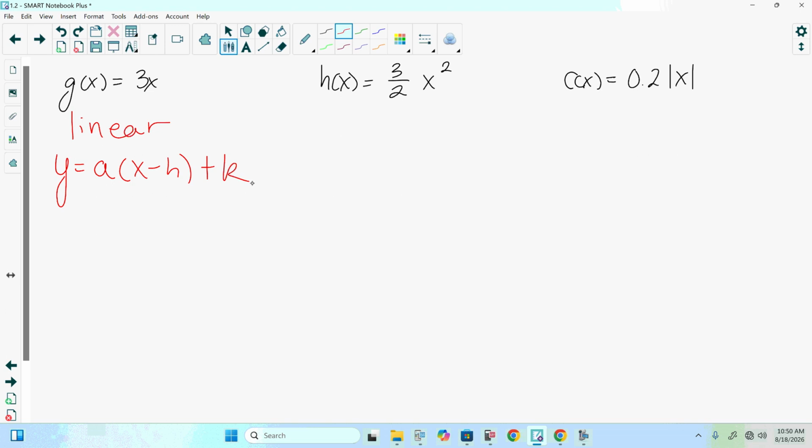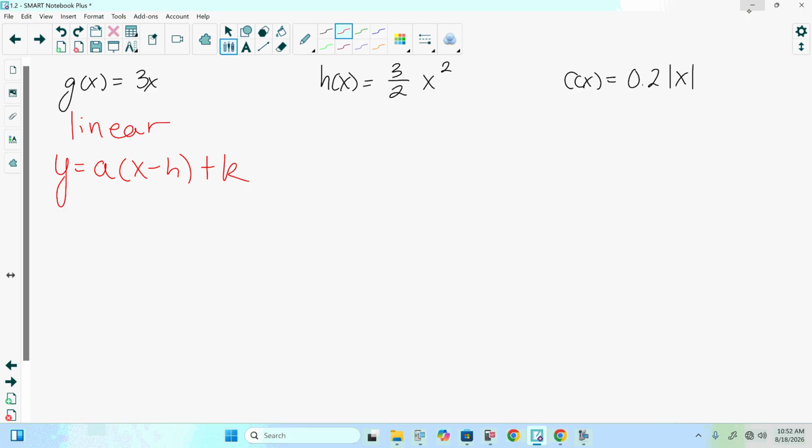Is there a value for k? Is there a movement up or down? No. So there's no movement up or down. We don't have to list it. Is there a number in place of h? Left and right. So we all agree there's no left or right movement, yes?